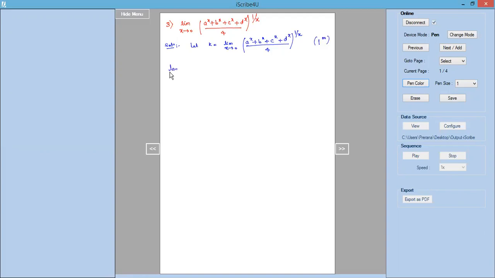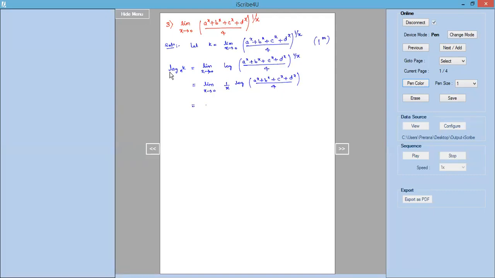So log k to the base e is equal to limit as x tends to 0, log of a power x plus b power x plus c power x plus d power x, the whole divided by 4 and the whole power 1 by x. This is limit as x tends to 0, log m power n is n log m. So 1 by x into log of a power x plus b power x plus c power x plus d power x divided by 4.